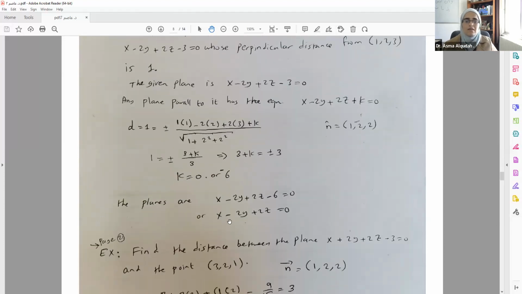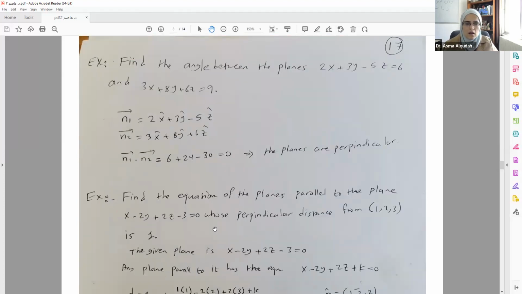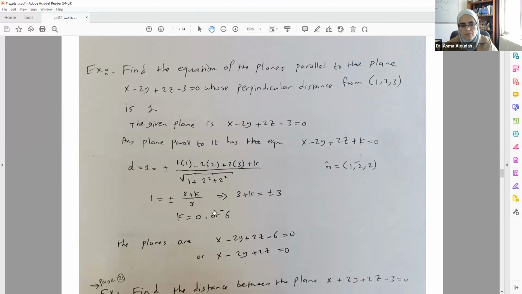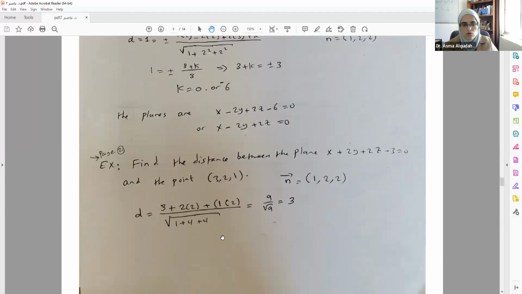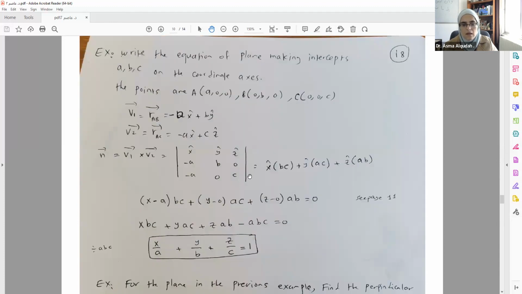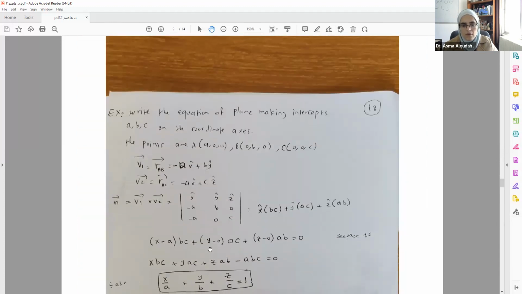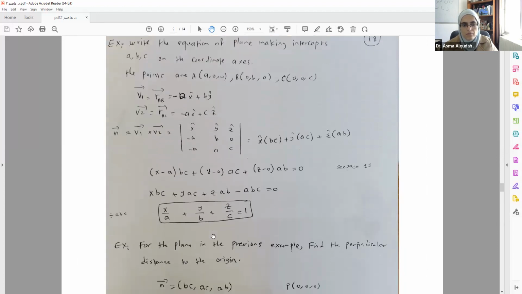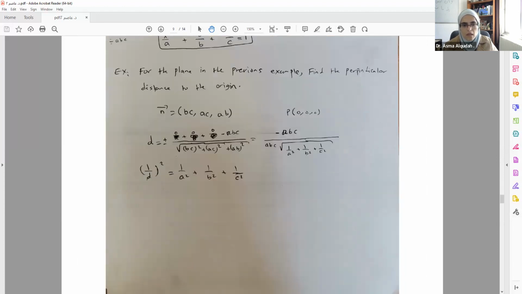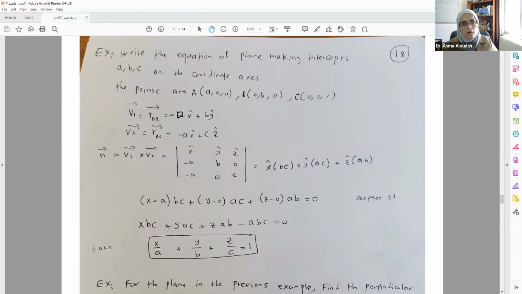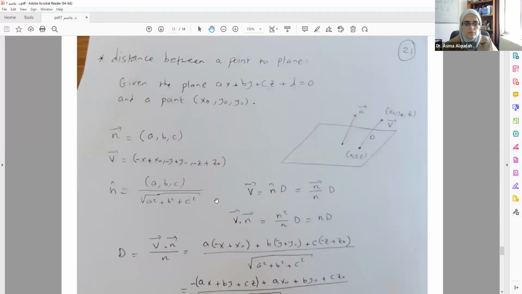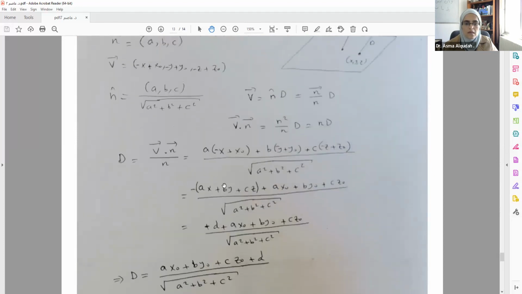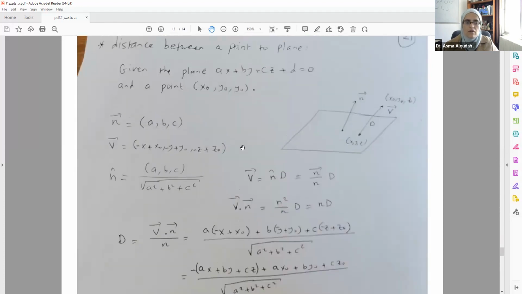Before we do this example, we should know something before solving it.